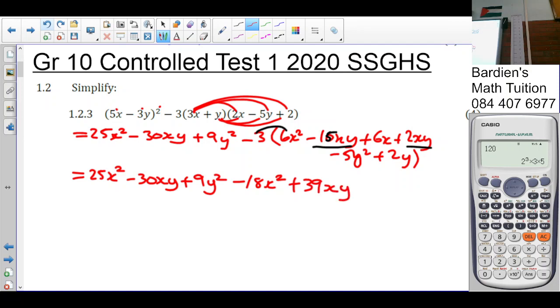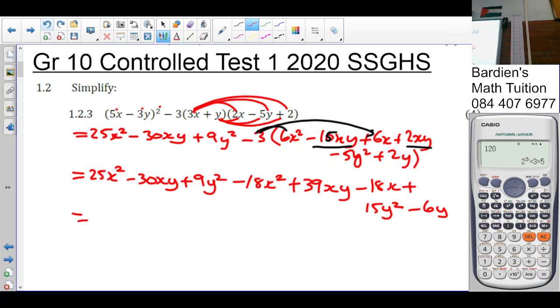You all agree with that? And then x is on its own, so 6x times negative 3 is negative 18x. Negative 3 times negative 5y is going to be positive 15y squared. Negative 3 times 2y is going to be negative 6y.